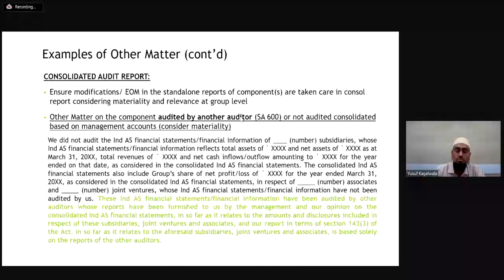And we state that these financial statements have been audited by other auditors whose reports have been furnished to us, and we have relied on those audit reports with respect to the SA 700 report as well as our report in terms of section 143(3). So even for IFC, we are relying on their report.